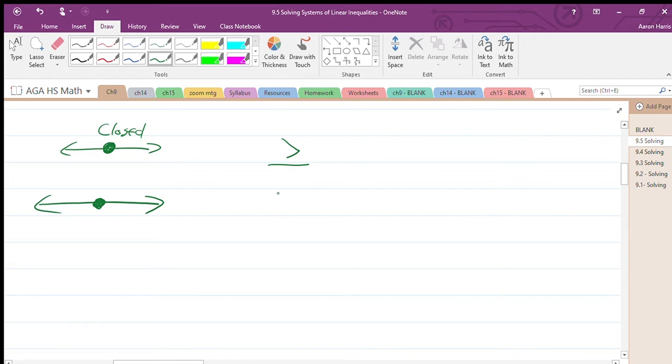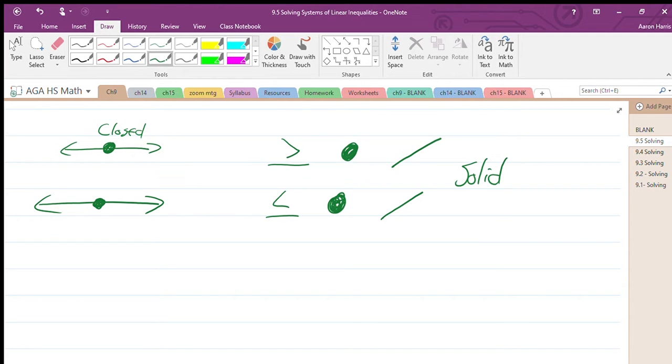Greater than or equal to, less than or equal to, we have a closed circle for a number line. But if we're going to graph, we get a solid line. A solid line represents the fact that the coordinate pairs along that line are part of the solution.